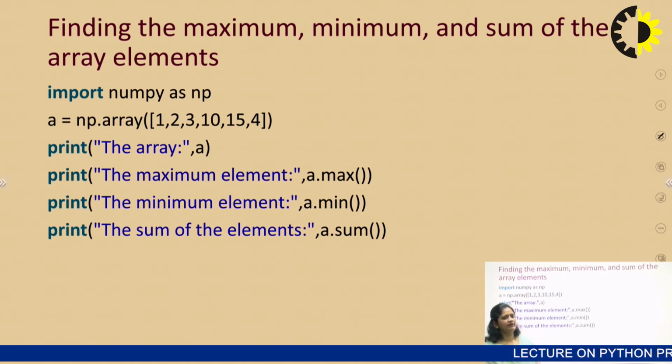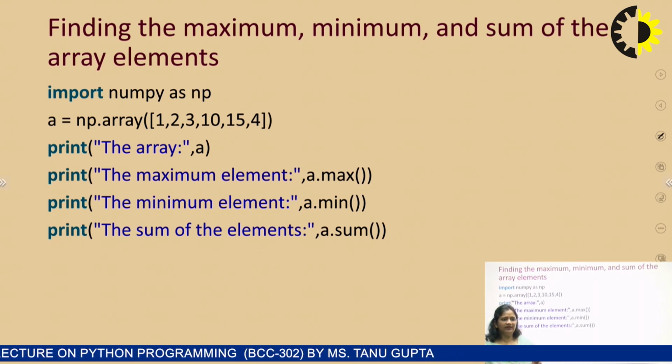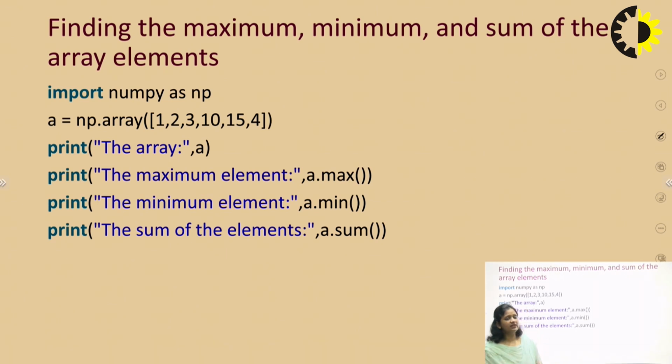Now another program we have to consider: finding the maximum, minimum and sum of the array elements. Okay, what is in the question? We have to create a list, put elements in it, then find out the maximum, minimum and sum of the array elements. So what will be the procedure? First we have to import NumPy.